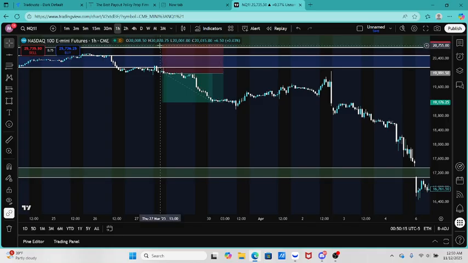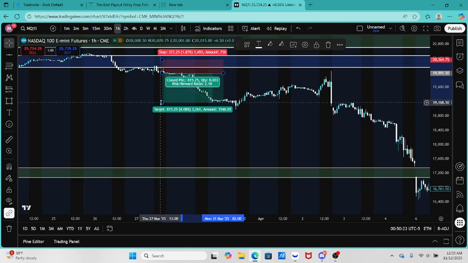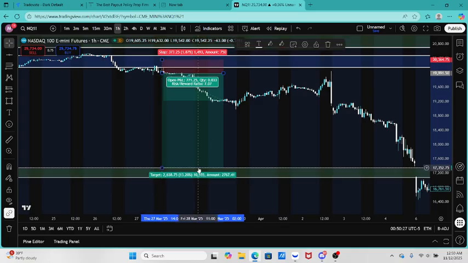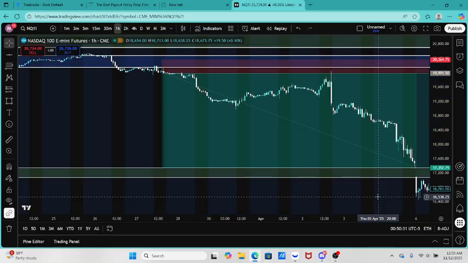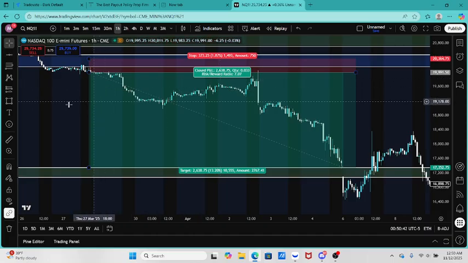You could have had your stop above the halfway point of that gap, and your target would have been down here. So that's a 7 to 1 risk reward. Say you're risking $1,000, you're making $7,000. And then there's multiple opportunities to enter.